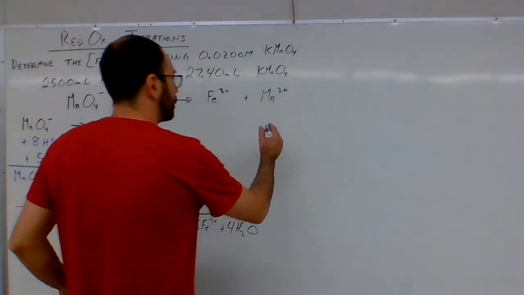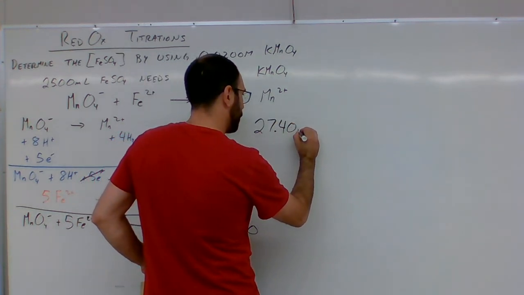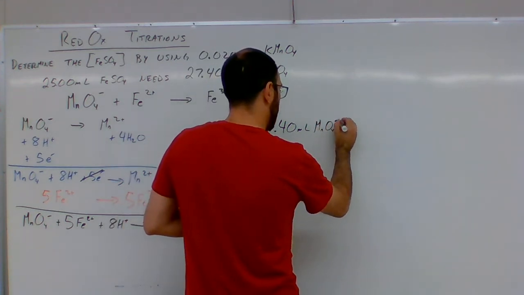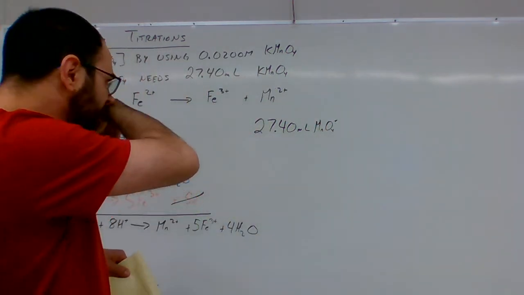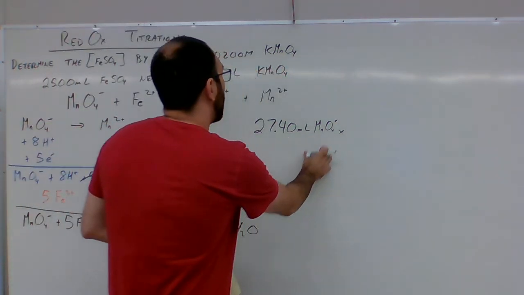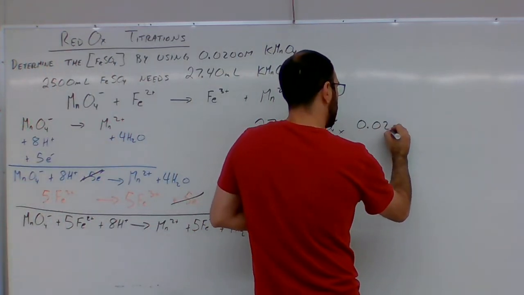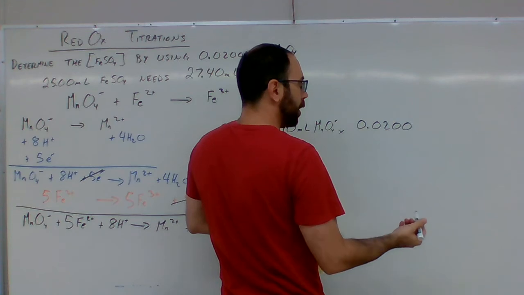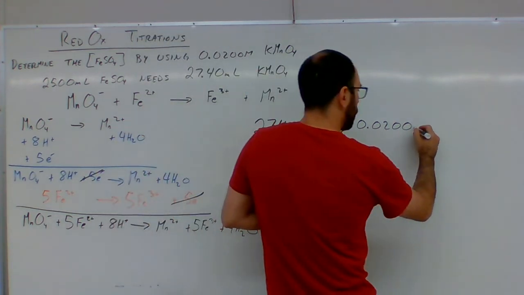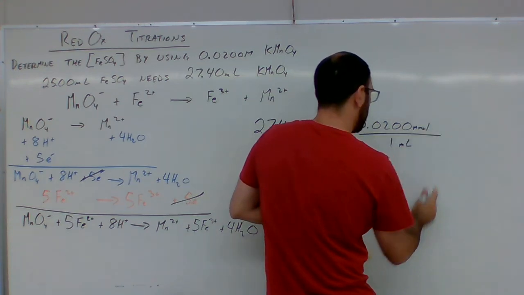We have 27.40 milliliters of my MnO4 minus, and that MnO4 minus had a concentration of 0.0200 molar, which could be moles per liter, but we also know that that's millimoles per milliliter.